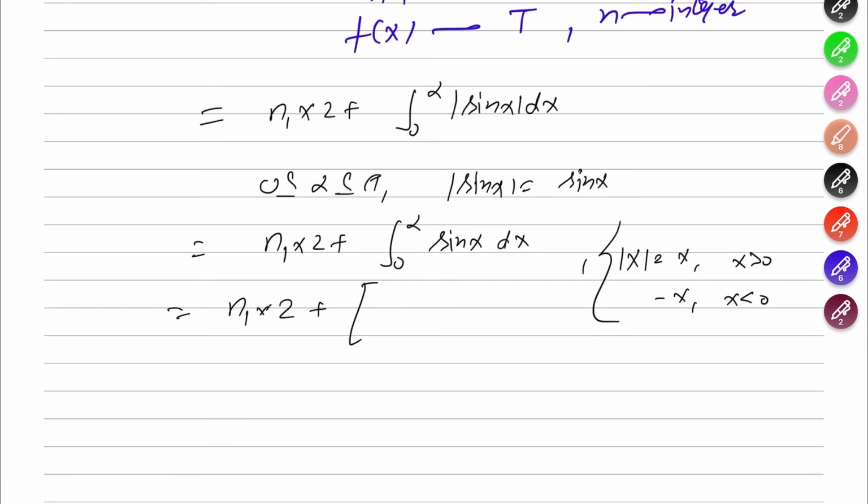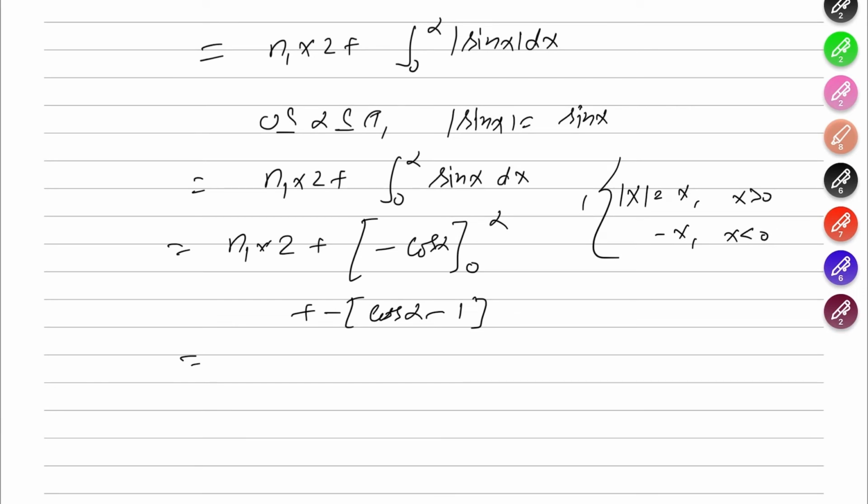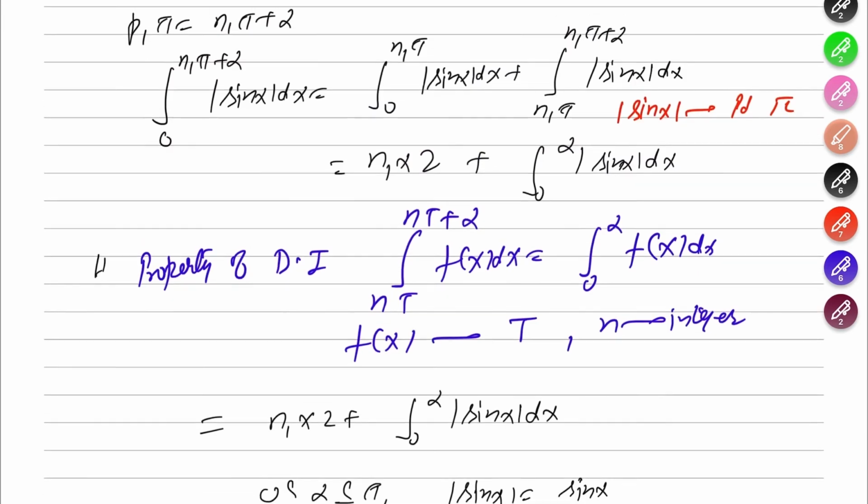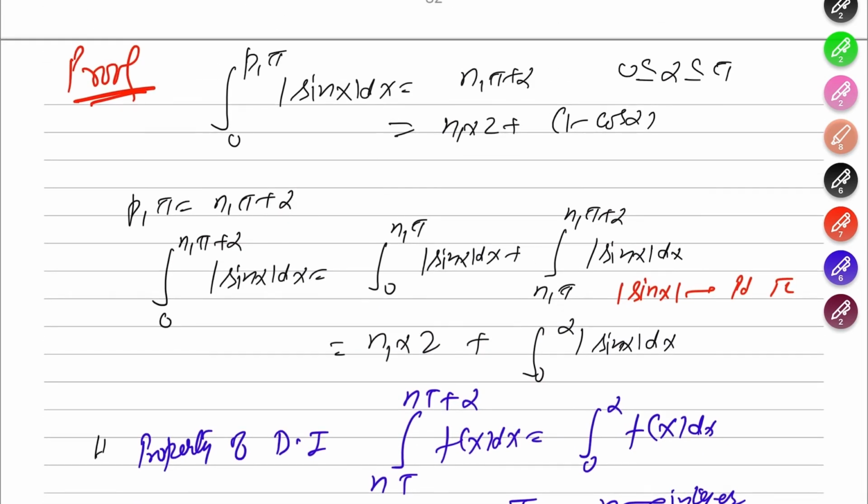So this is n1 into 2 plus, and the integration of sine x will be minus cos x; from 0 to alpha we substitute the values: minus cos alpha minus minus cos 0, and cos 0 is 1. So we have n1 into 2 plus 1 minus cos alpha.